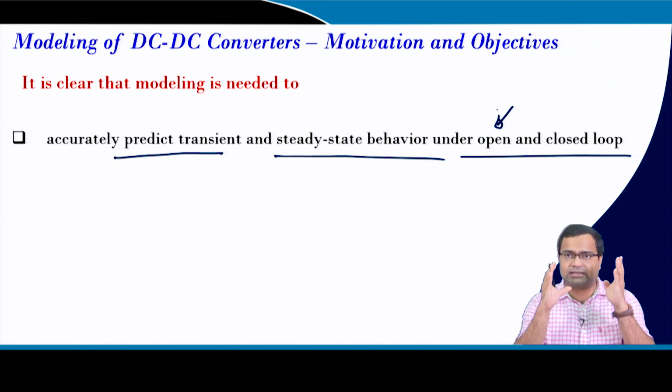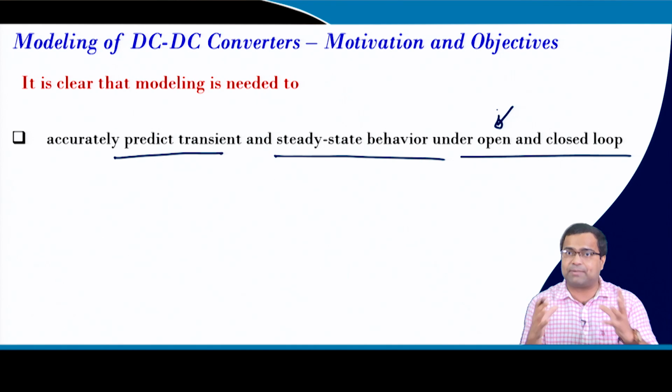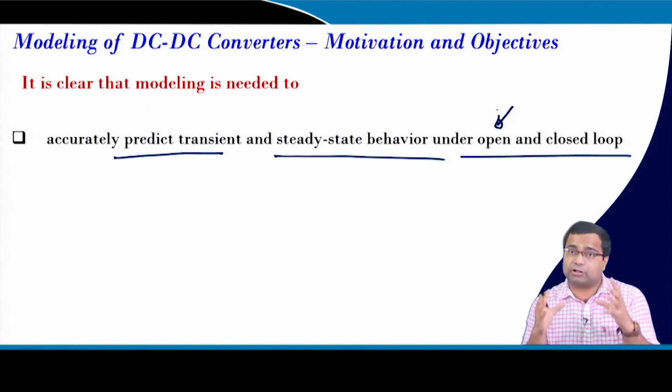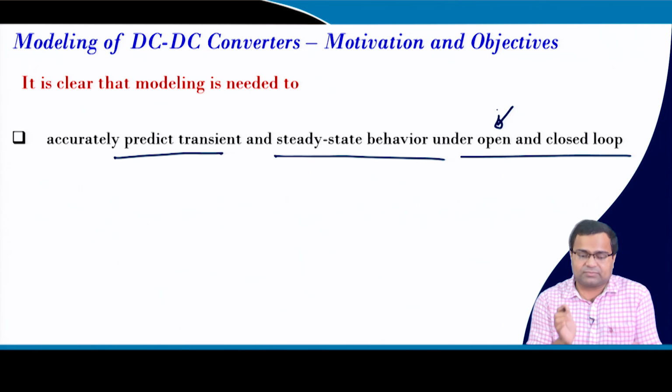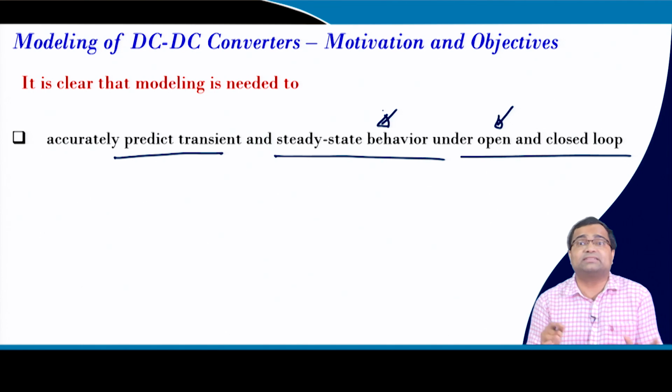If you recall in lecture number 13, if we want to make a very tightly regulated voltage source with a high bandwidth, that means our objective is to go close to an ideal voltage source within a range of current, then we should have a very high bandwidth controller, and for that we really need to have a model to predict. Also, for the steady state behavior, the model should also capture whether there is a subharmonic or not.